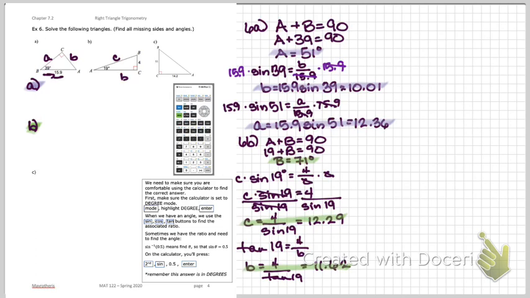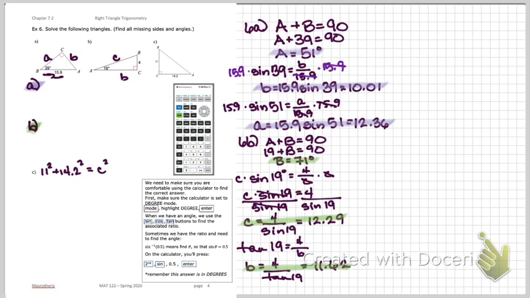Okay, so now it's time to take a look at the next triangle, and I'm going to do it over here on the page. First things first, I've got two sides, no angles. So I tend to use the Pythagorean theorem first to find that third side. A little easier sometimes than the trig functions. So we've got 11 squared plus 14.2 squared equals our c squared.